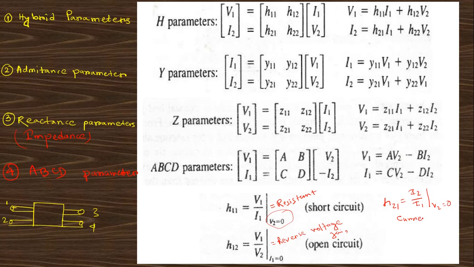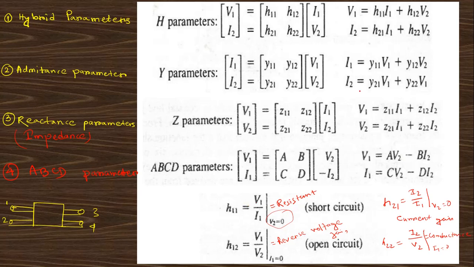And another one, H22, can be written as I2 by V2, which means the inverse of resistance, that is conductance, at I1 equals 0.